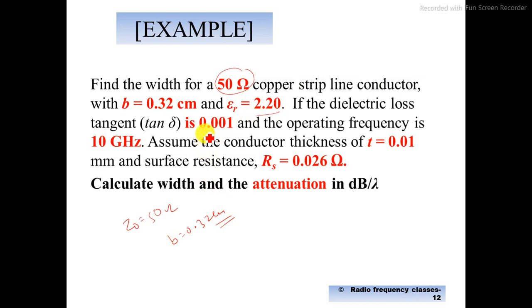Epsilon r is given as 10, del is given as 0.001, frequency of operation is given as 10 gigahertz, thickness is given as 0.01 millimeter, so you have to convert into meter. Rs is given as 0.026, already it is given. If it is not, you have to find out the conductivity and other parameters and calculate this one. And finally you have to find out the attenuation in dB per lambda.